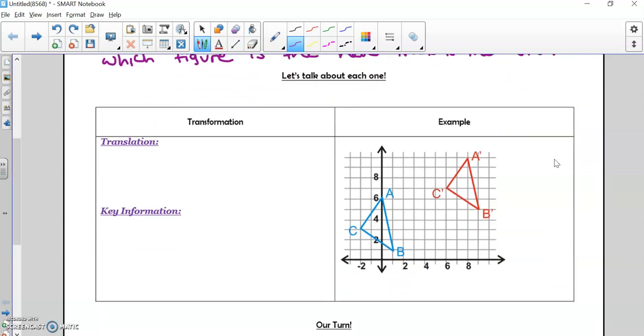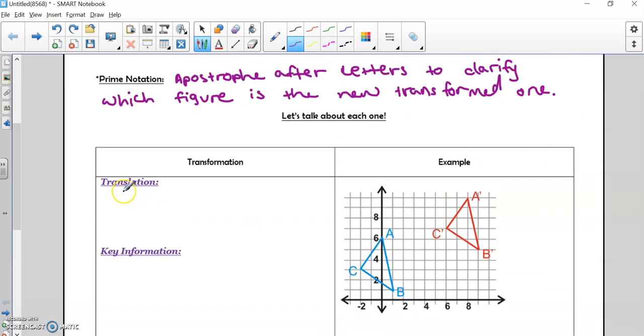Okay. So, like I said, we're going to focus on translations for today. So what a translation is, as you can kind of see in the picture, is literally just sliding the figure to another position.